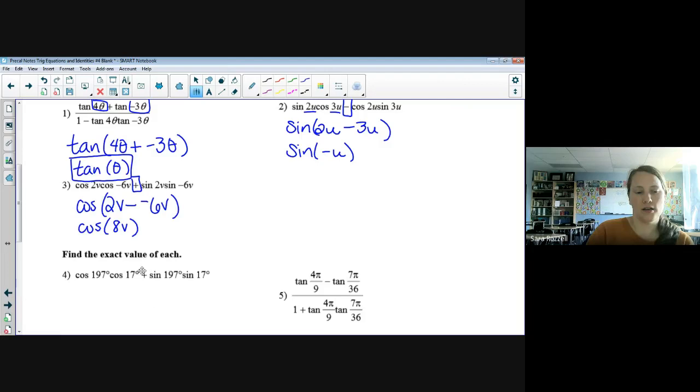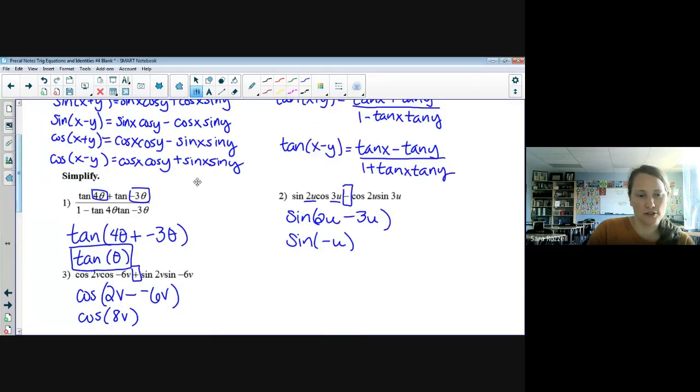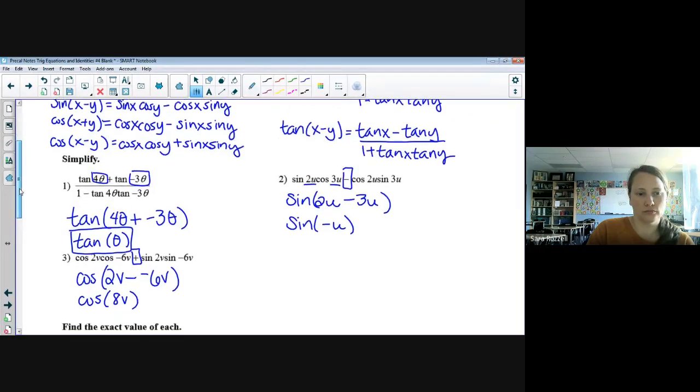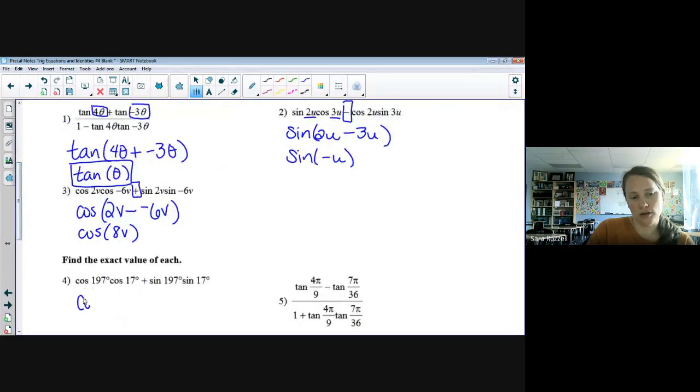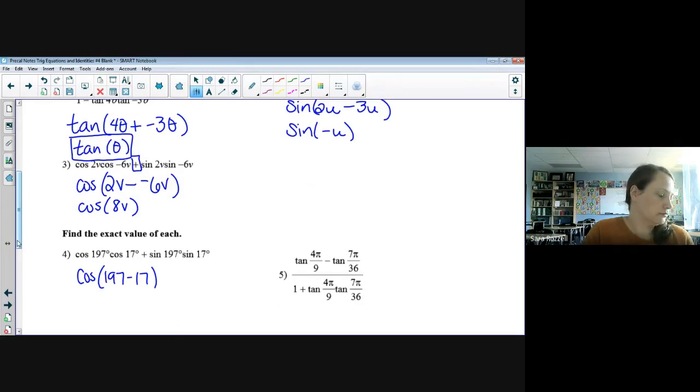Cosine formula. And we had a plus there. And remember with cosine, if there's a plus, we're going to use subtraction. So cosine of 197 minus 17. And 197 minus 17 is 180.